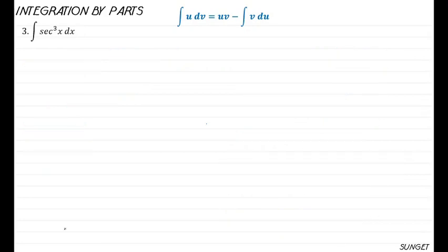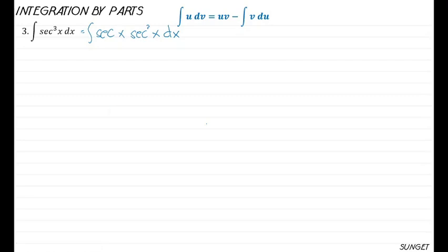Number 3, evaluate the integral of secant cube x dx. So first, rewrite the integral into integral of secant x times secant squared x dx. So we have products of two trigonometric functions.